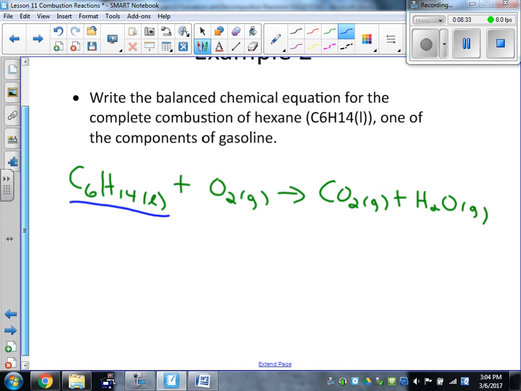Yes? That's why you have an air filter, to clean the air that comes in. So it's clean air that you're burning. And what do you get out the exhaust pipe? Carbon dioxide and water gas.